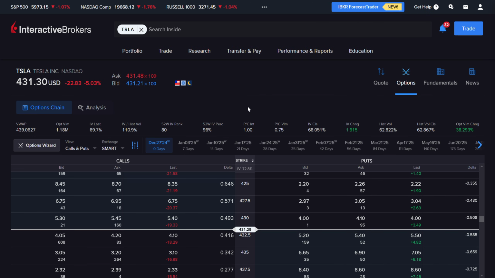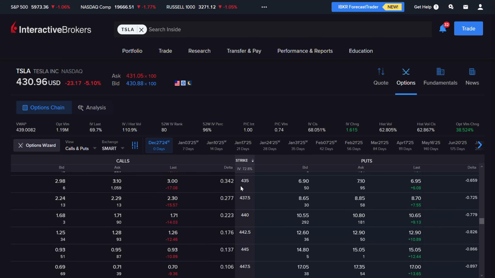This options contract has a certain price because options give you the right to buy or sell an underlying at a certain price. This is known as the strike price. There is a relationship for call options and for put options.